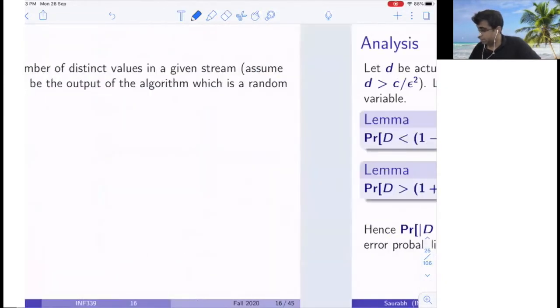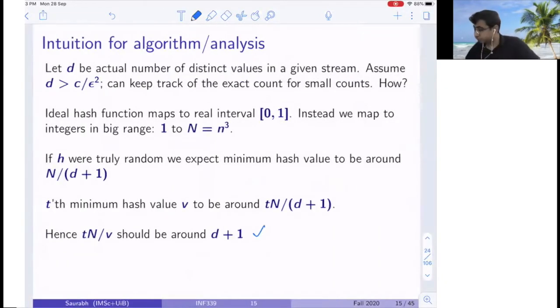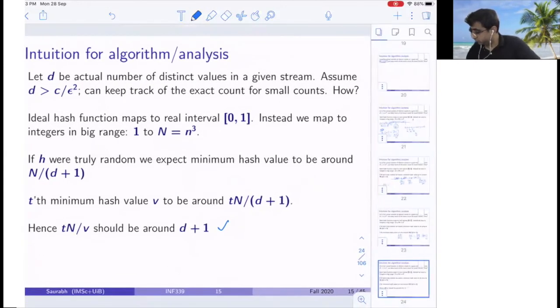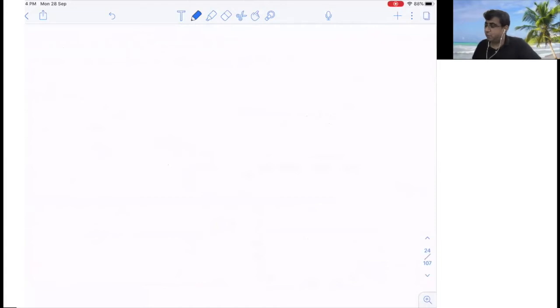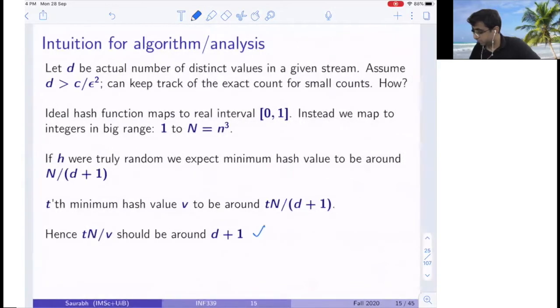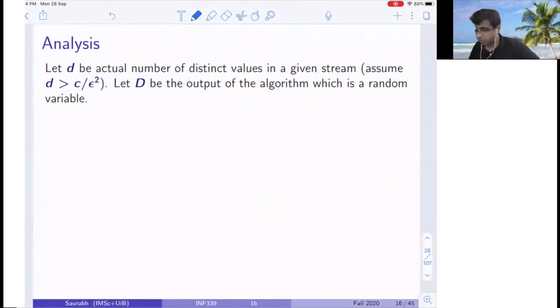Okay, so let's ask ourselves: when will this algorithm be bad? Let d be the actual number of distinct values in a given string, and we are assuming that d is greater than c over epsilon square.